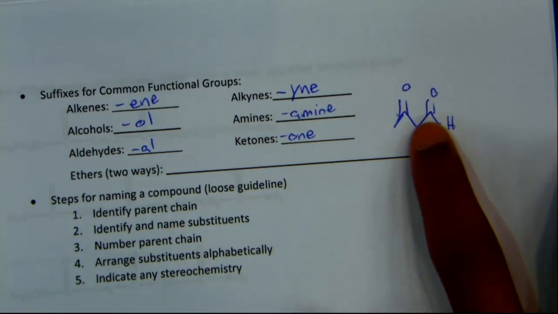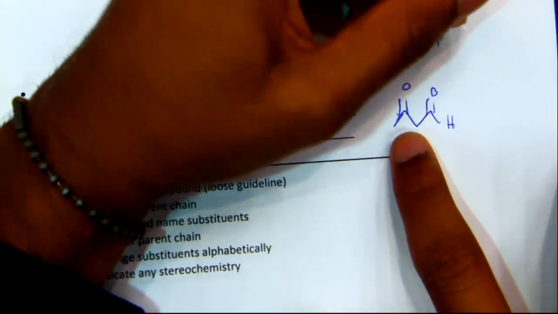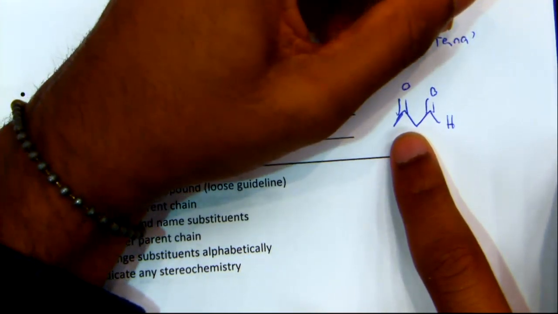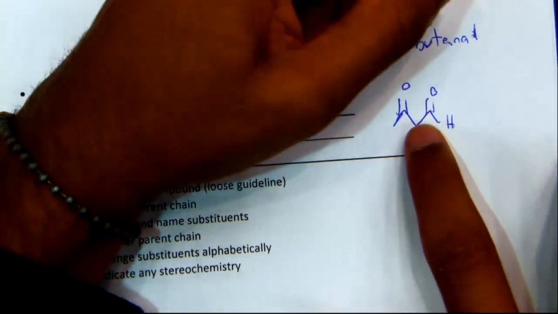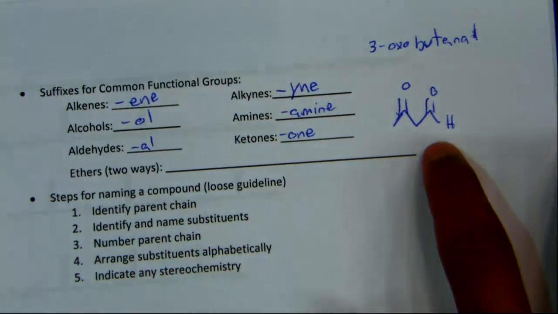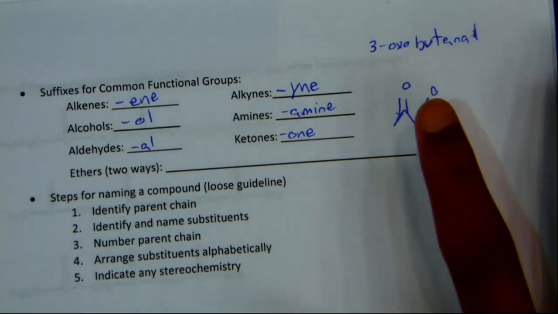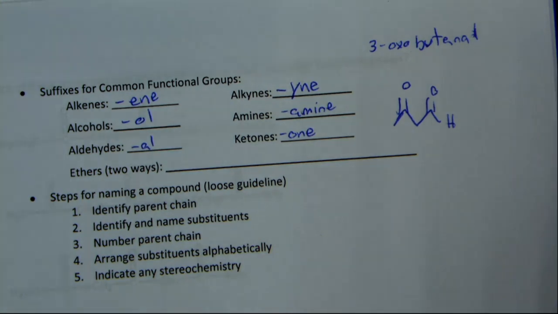So like 1, 2, 3, 4, butanal, and then 3-oxobutanal, something like that. If you see oxo, that means the ketone's not taking priority, and usually the aldehyde will, and that's just telling you there's a ketone there.